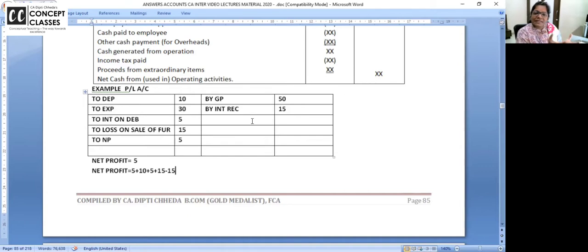Is it my business related income? No. Then this 5 rupees, which is not my business related income, but it is received now. Where will I take this? Investing activity. I invested in debentures, so I received interest. Just recollect yesterday's problem. Interest received, dividend received is taken as inflow in the investing activity.